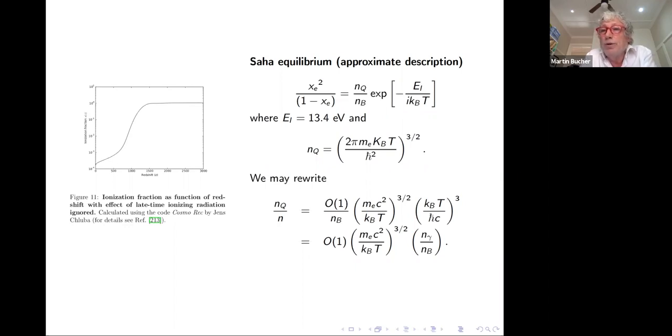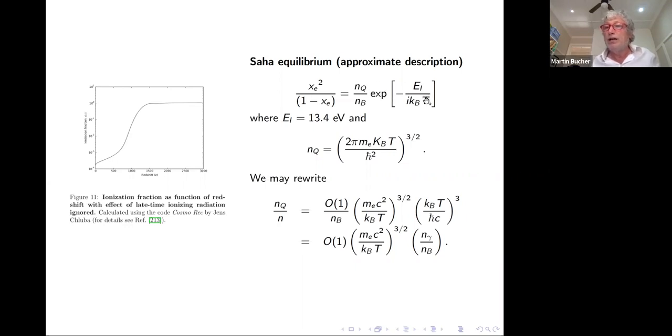So you have a process where, let's just take hydrogen, you can have a proton and an electron that are dissociated, or they can be bound in the form of atomic hydrogen. And there's sort of two factors.